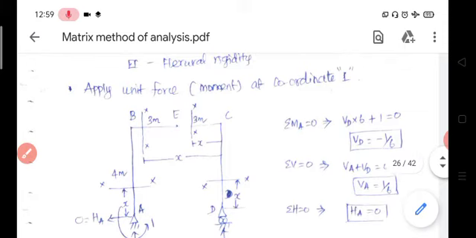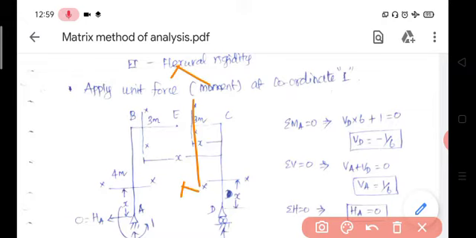Then for CE portion, again let us take a section XX, which is x distance from C. What is the limit? Its limit varies between 0 to 3. At C x is equal to 0, at E x is equal to 3.